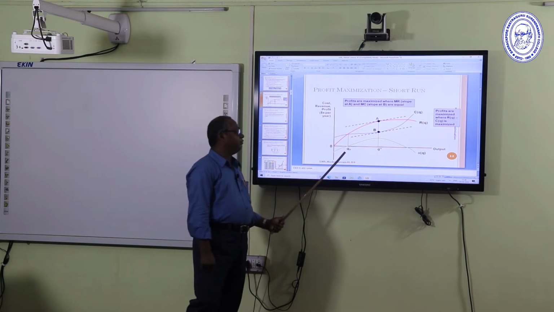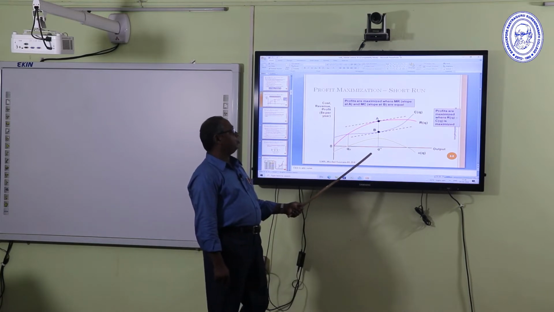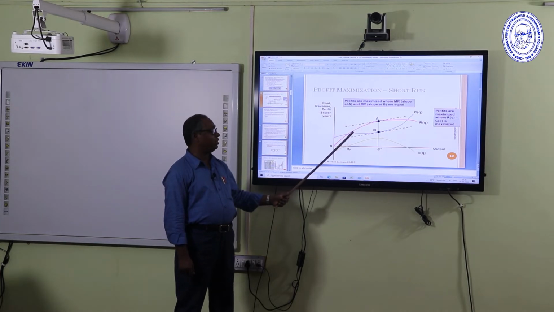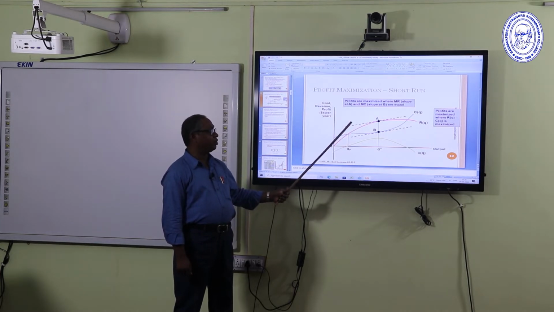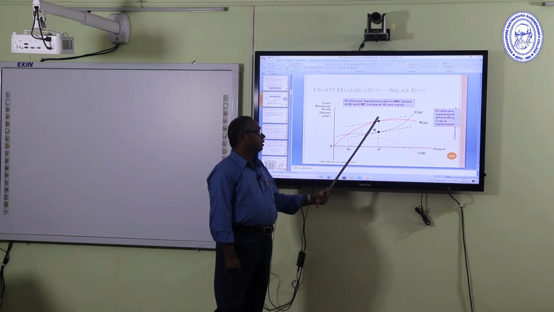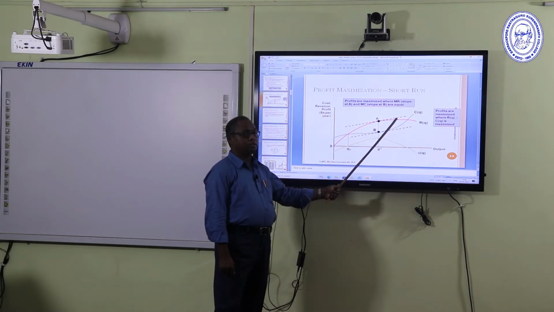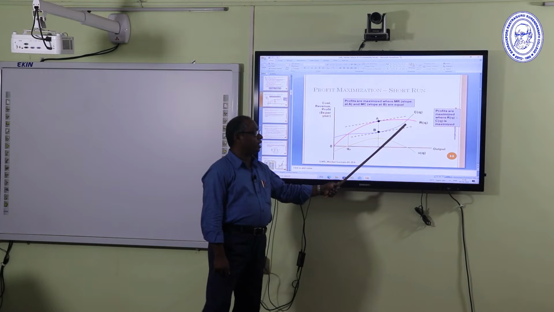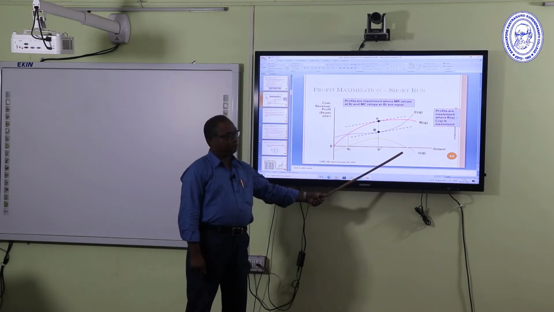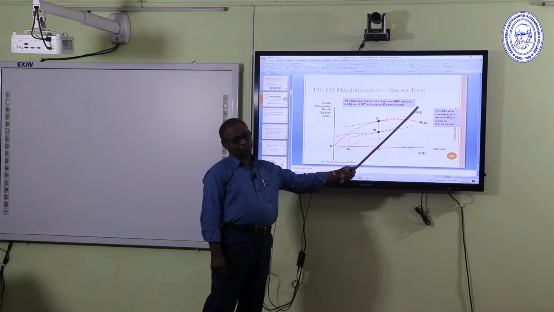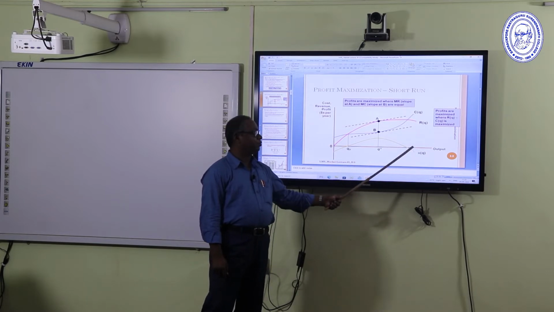And after that, if we move from Q0 to Q star, the gap between the two is increasing. Not only that, the profit is positive because total revenue is greater than total cost. And after Q star, the gap between the two is decreasing, even with positive profit. This positivity of profit will continue till CQ and RQ are closest to each other, and profit turns to zero. Then again, cost is higher than revenue, and hence profit is negative.